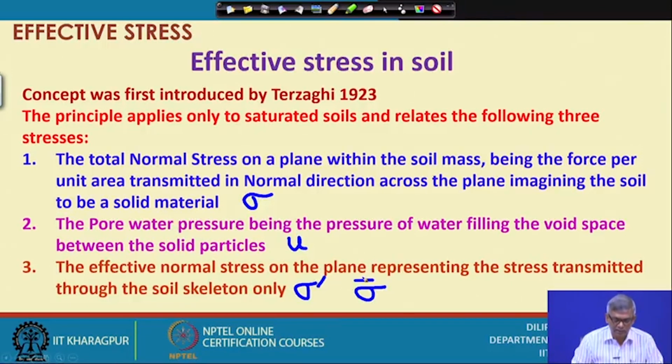Within the soil grains there are void spaces, which when saturated will be filled up with water, and the pressure depends on the depth, and on the height of the water table. The effective normal stress is another quantity that relates sigma and u. How it is relating, we will see in the subsequent slides.